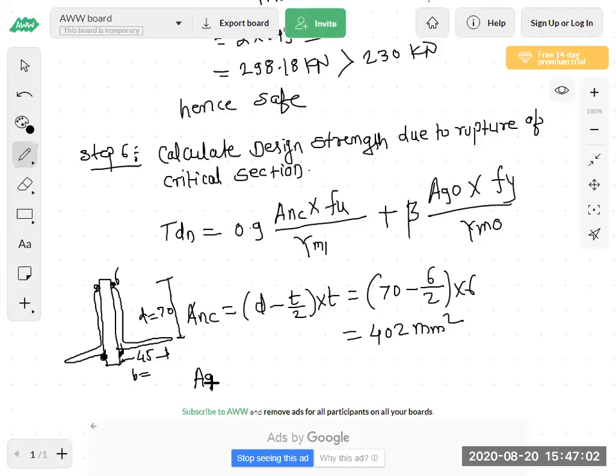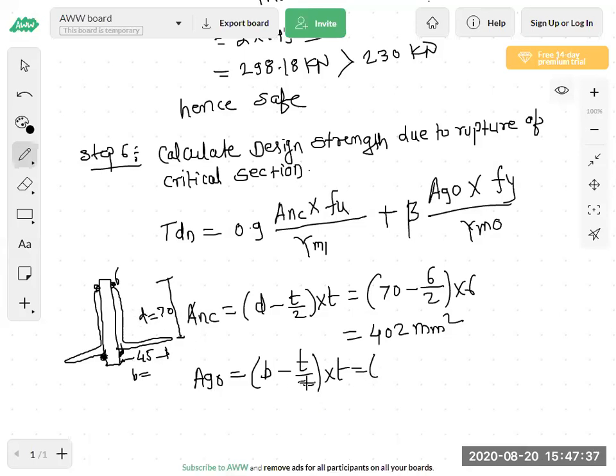Now the next area is the AGO, gross area of outstanding leg. Here we have calculated the net area of connected leg, and now we are calculating the gross area of outstanding leg. The same formula is there, only b minus t by 2 will be there. B is nothing but this width, 45. This is the outstanding leg, so we call this b, and the other d, depth and width. These are the two sides of the angle.